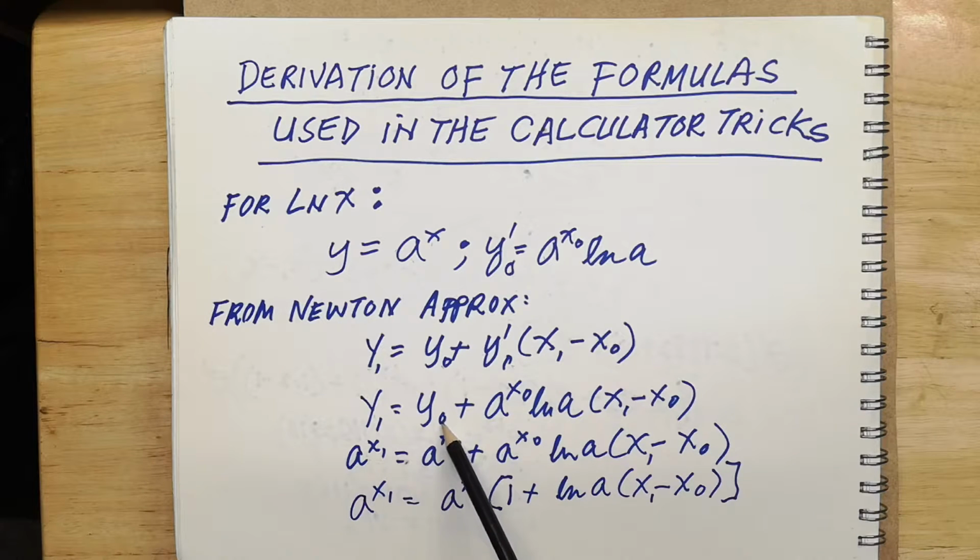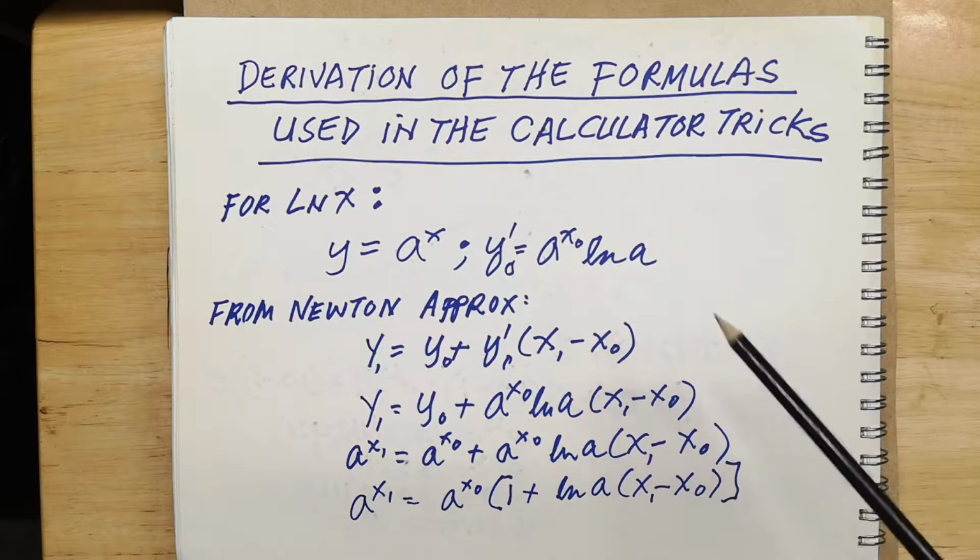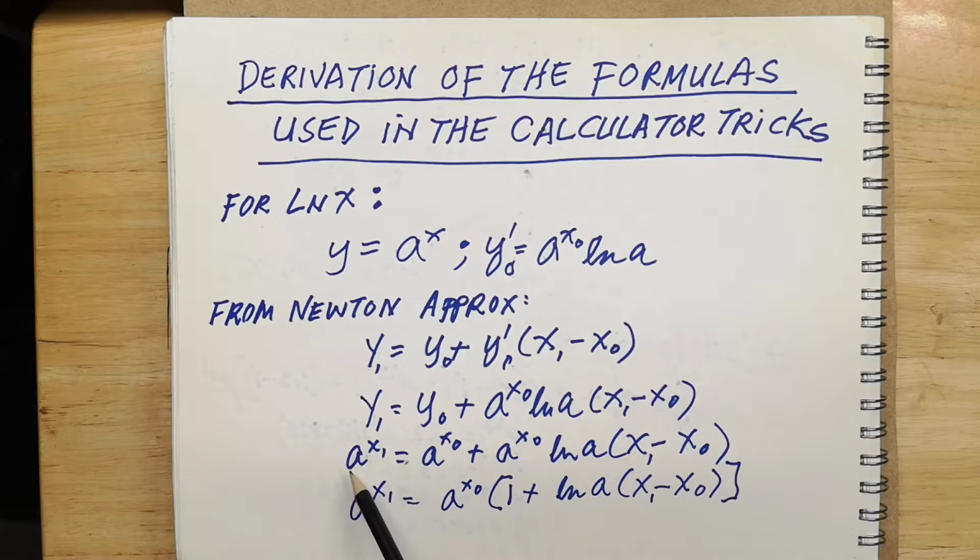y1 is equal to y0 plus the derivative, a to the x0 ln of a, times x1 minus x0, which is this one. So a to the x1 is equal to a to the x0 plus a to the x0 ln of a times x1 minus x0.